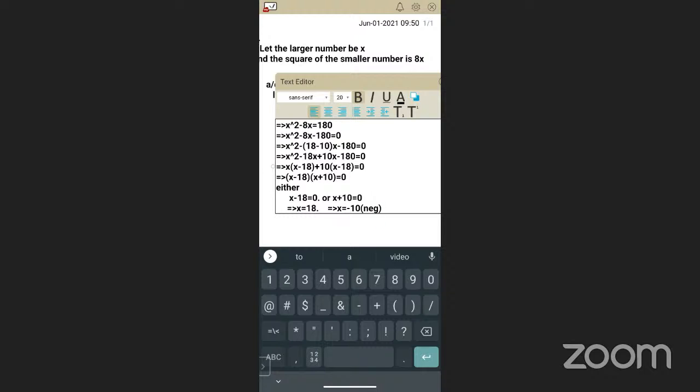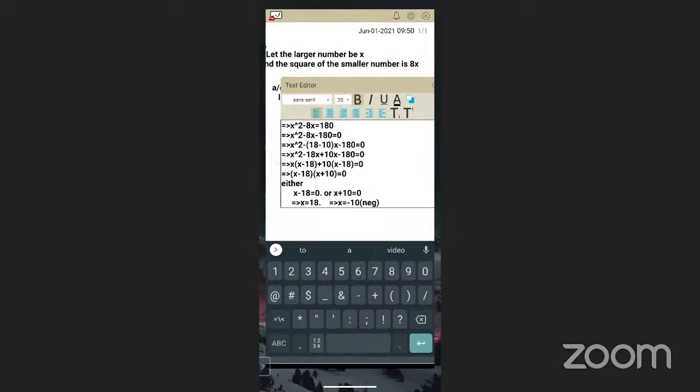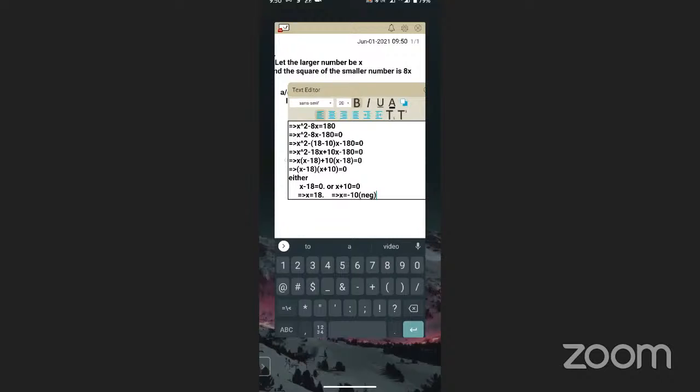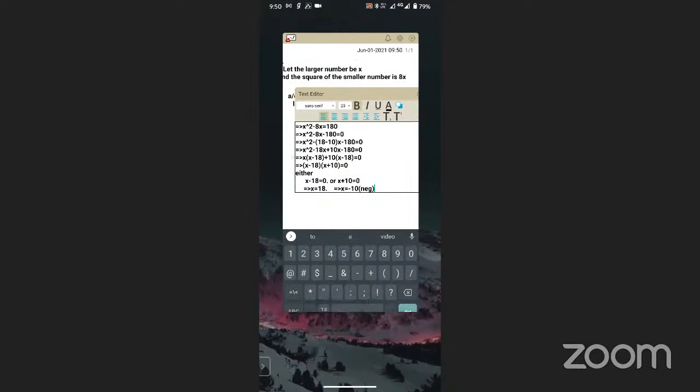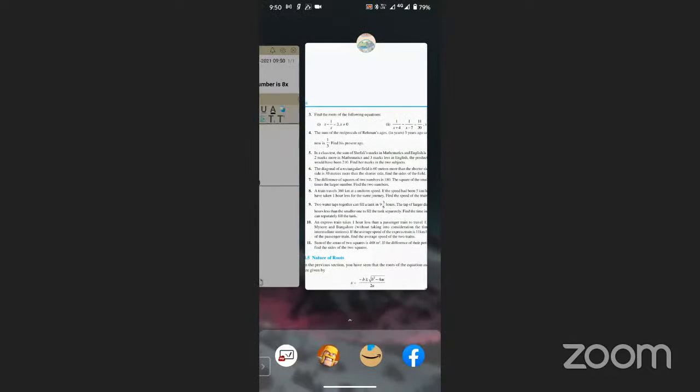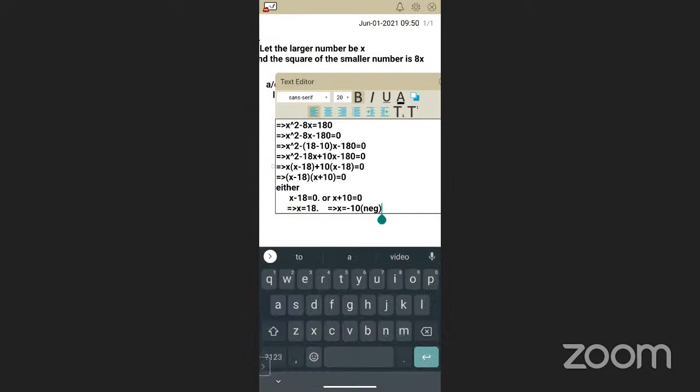Understood now? Okay, let us see what they said in this question. Find the two numbers, isn't it right? So the larger number we already got.